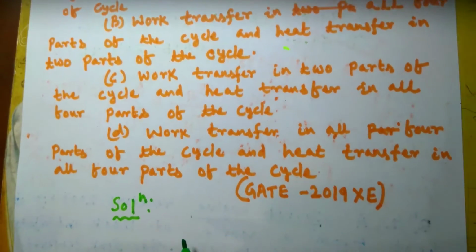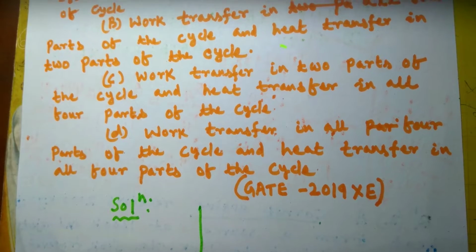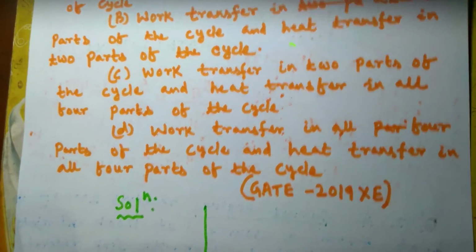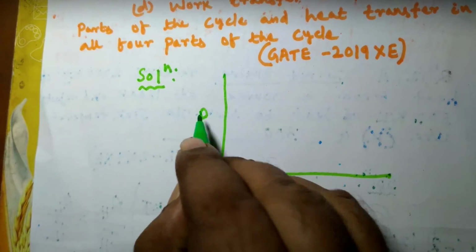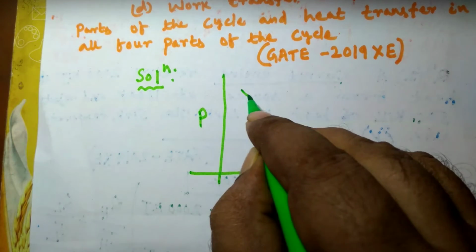You see, the Carnot cycle consists of four processes, two reversible isothermal and two reversible adiabatic. Suppose this is the PV diagram.